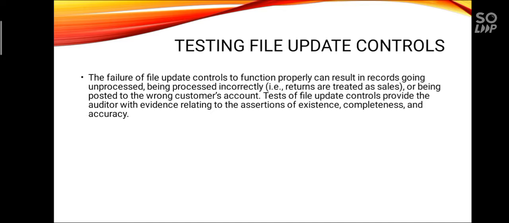For example, the auditor creates test data containing incorrect transaction codes and out-of-sequence records in a batch, then checks whether the system handles them correctly. The system should handle them properly.